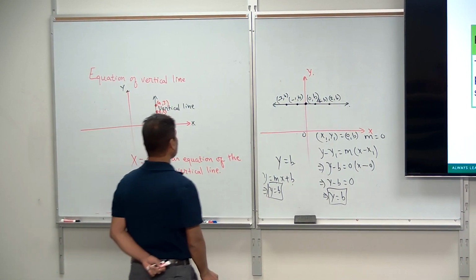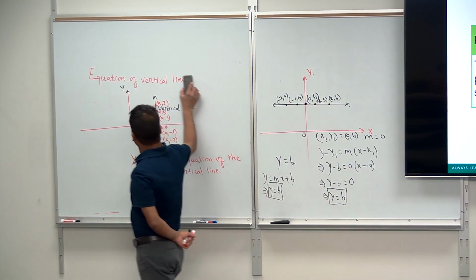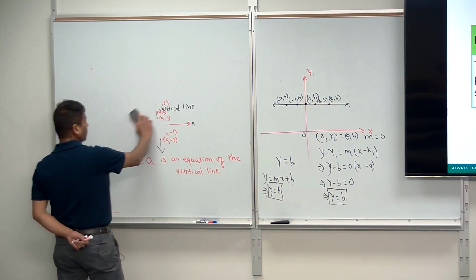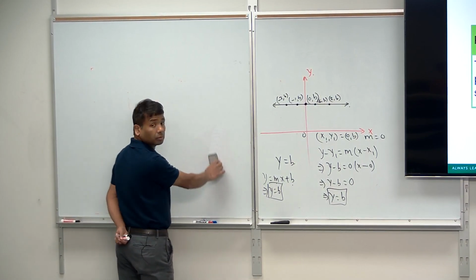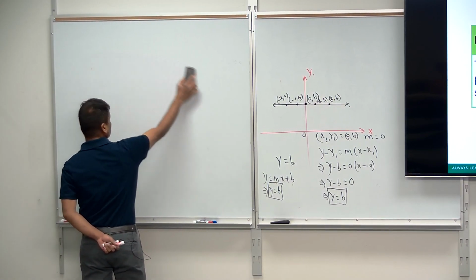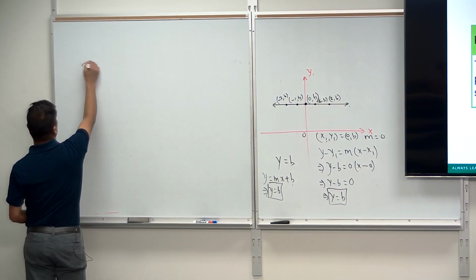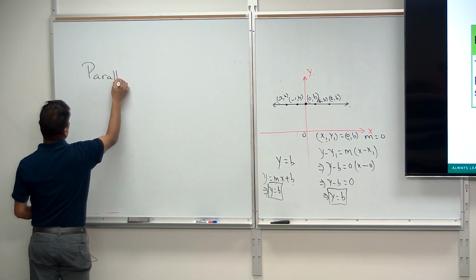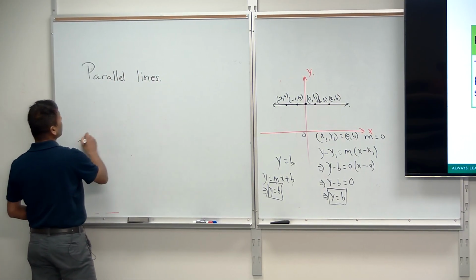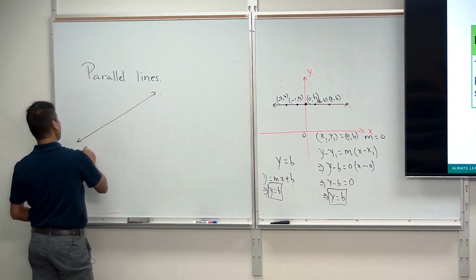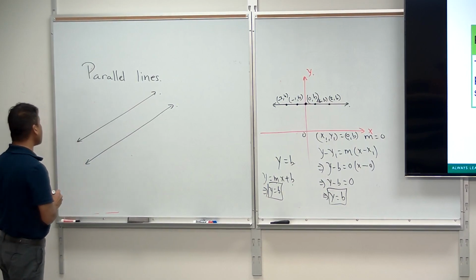So parallel lines look something like this. These two lines are parallel.